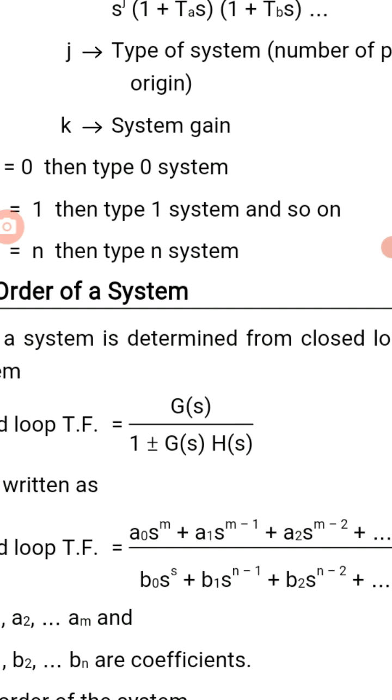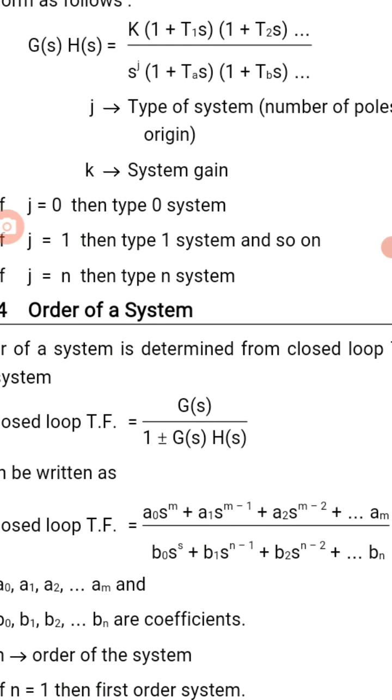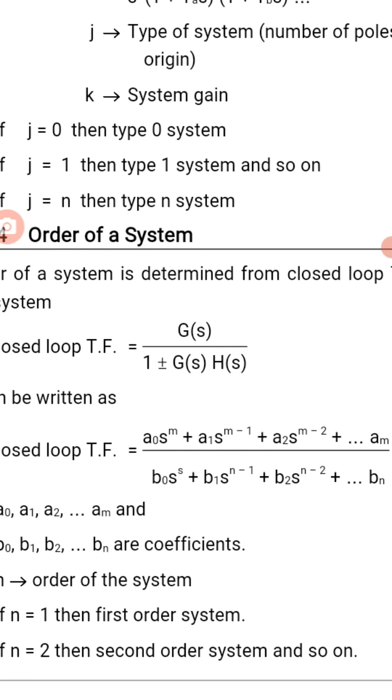In the Laplace transform, we know that if I plot a graph of s, that is, j omega on the y-axis versus sigma on the x-axis, sigma is a real quantity on the x-axis, and j omega is a frequency parameter on the y-axis. Then there will be poles and zeros lying on this.